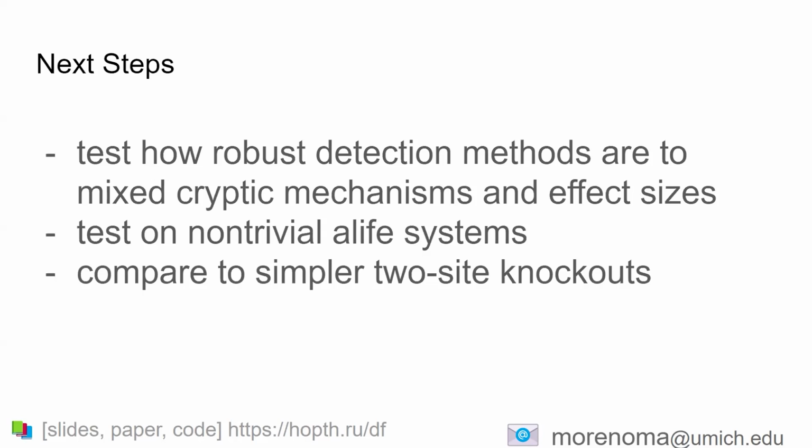And it'll be really important also to compare these types of approaches to simpler approaches like just doing 2-site knockouts, and see how much of cryptic complexity is just captured by doing those simpler approaches.